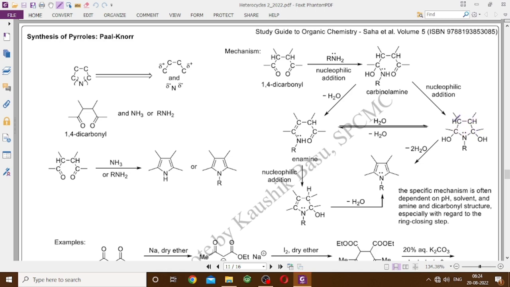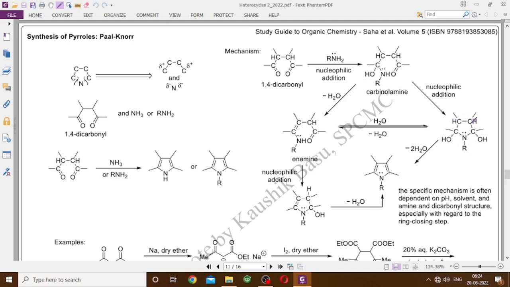All that remains is to lose the 2 molecules of water from here, and it will undoubtedly be assisted by this nitrogen lone pair. So this nitrogen lone pair will push here and this OH will go away, and then the hydrogen proton will be lost, and I will get a double bond here, and I will get a nitrogen lone pair here, etc., etc.